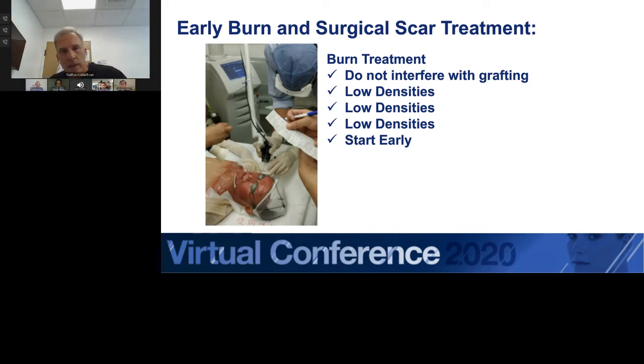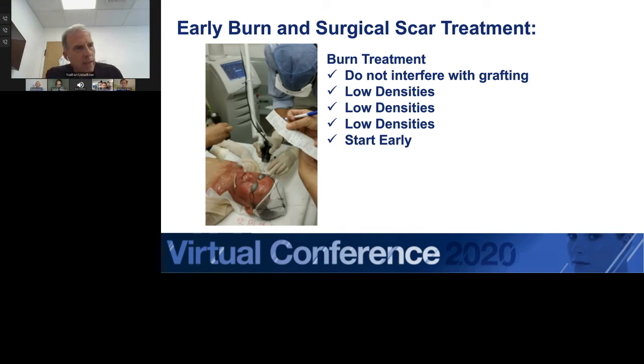So in terms of early treatment of scars, traumatic scars, burn scars, first of all, don't interfere with the initial heavy lifting, as Dr. Shoemaker often states, the heavy lifting of the plastics and burn surgeons, whether it's grafting or other surgical treatments.